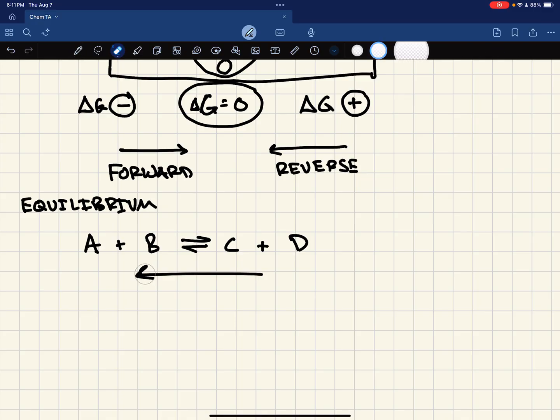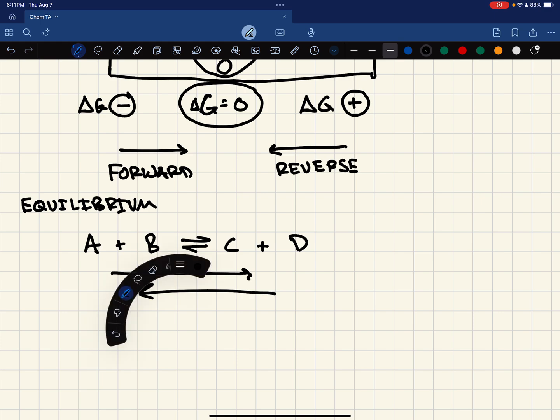And equilibrium is when the forward direction and the reverse direction are happening at the same speed. They're happening at the same time, so it's equal. It's where the forward and the reverse reactions are equal. So it's not necessarily moving anymore. The forward reactions and the reverse reactions are happening at the same rate.